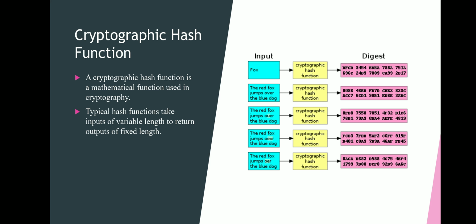Now let me define the cryptographic hash function. This is very important in order to provide the confidentiality service. Like I said, the hash function takes a variable length input and produces a fixed output. Whatever variable length input you provide, the cryptographic hash function transforms it into a fixed digest.